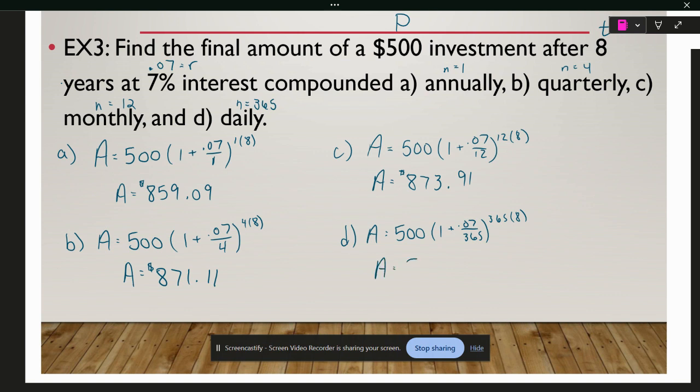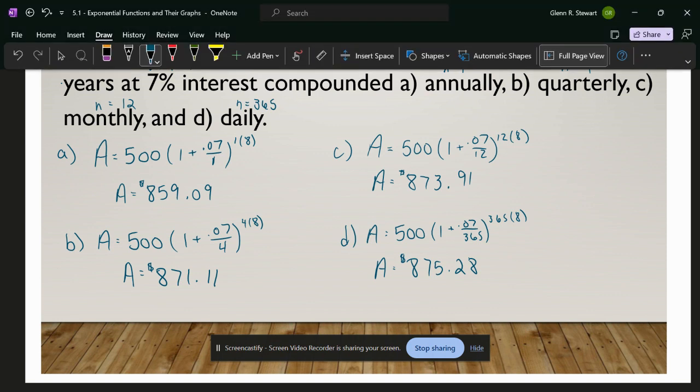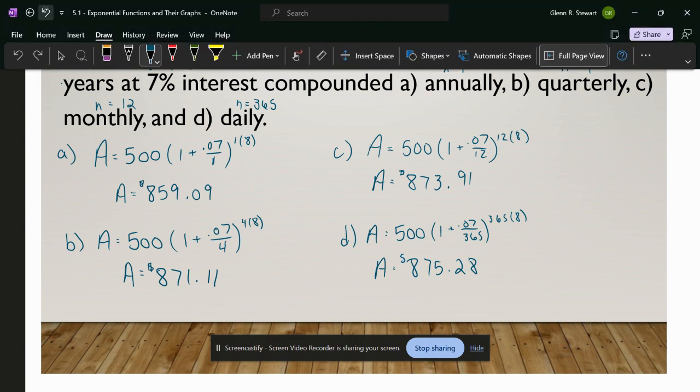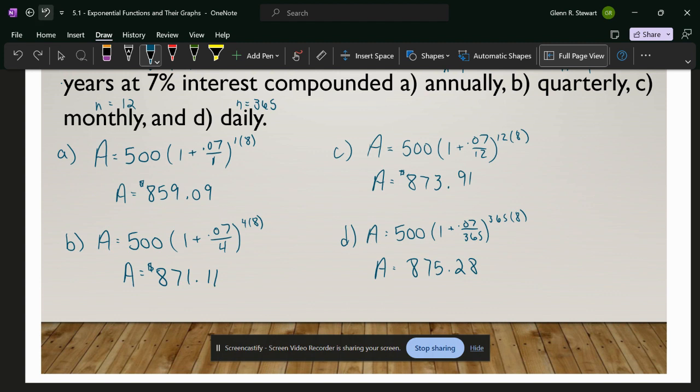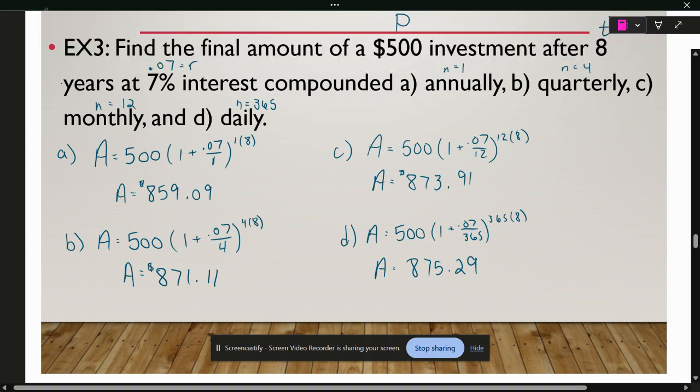And you'll notice that it's not like you're getting a ton of money whenever you're compounding, the difference between the compounds, but you are continually increasing. 2.9, sorry, 2.9 if I round. You are increasing each time. That's exactly what you want whenever you compound. The more you compound, the more money, essentially, you're exponentially gaining.